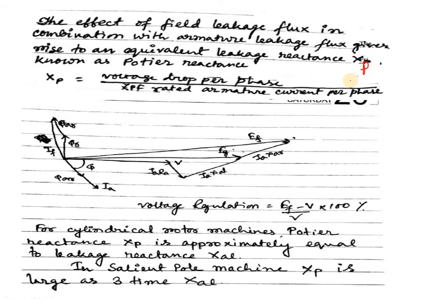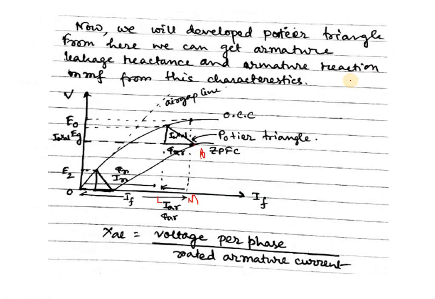That is about its method. Here the point is that it is not necessary to plot the entire ZPFC for determining XAL and FA experimentally. Only 2 points are sufficient, this B and this B dash.